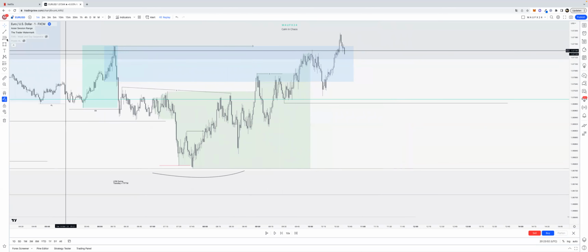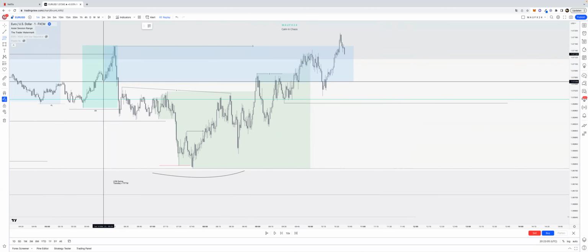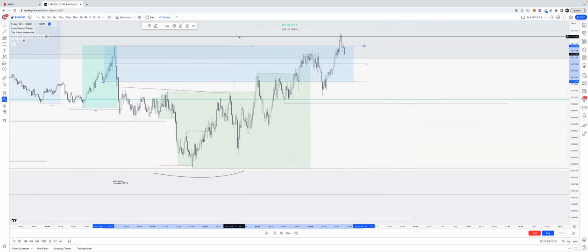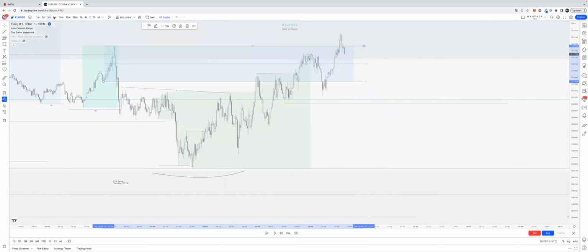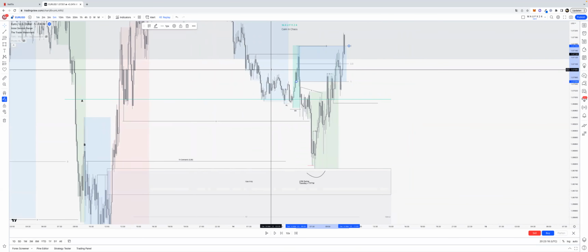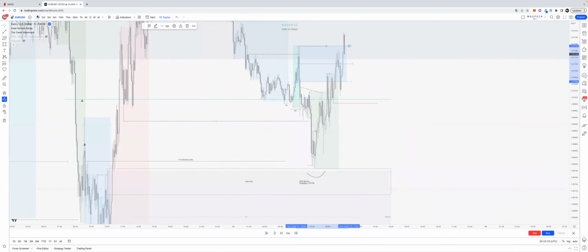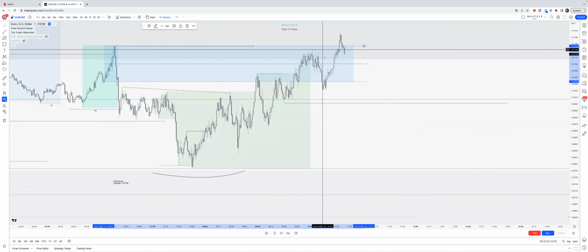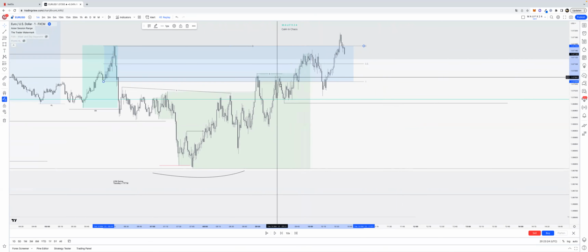So knowing that this is like our demand or supply, we tap into that 50%, and we can look for a 1 minute confirmation. So 1 minute confirmation, what can we see? We get our early sellers over here.